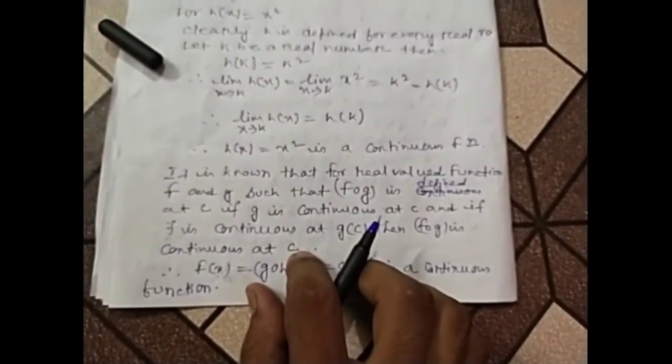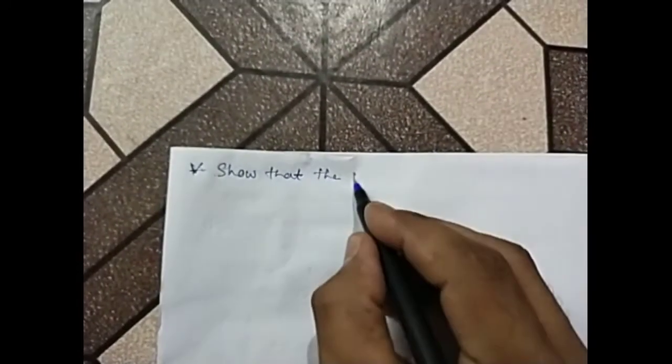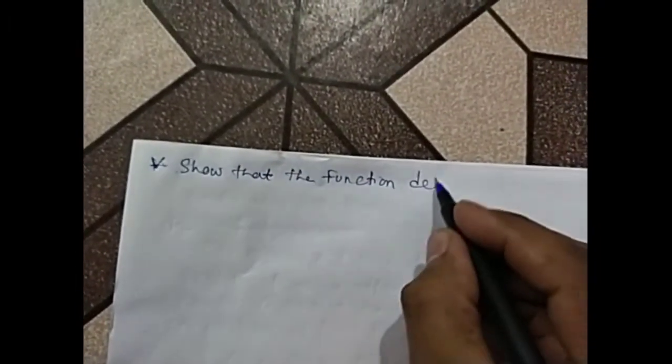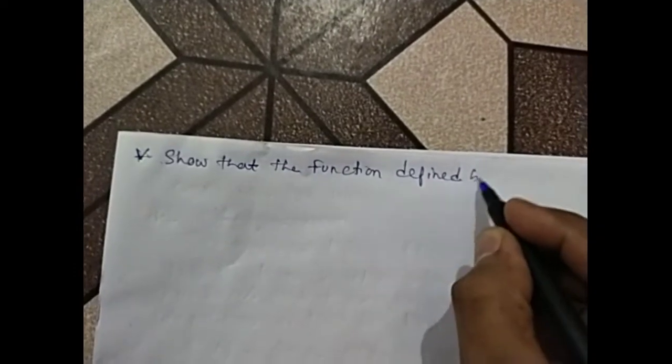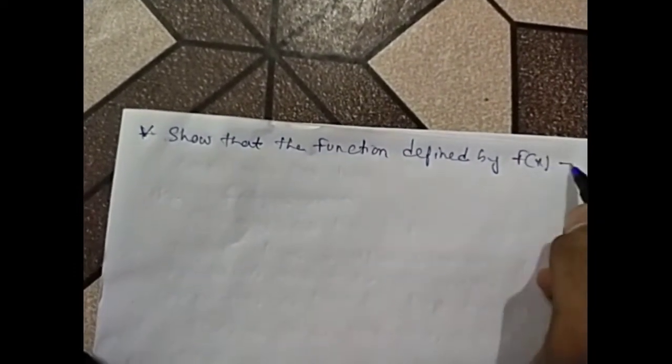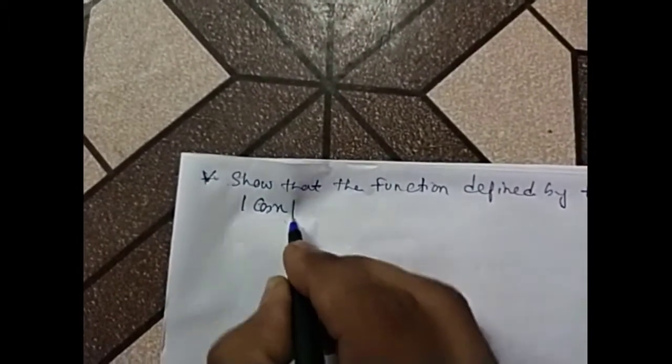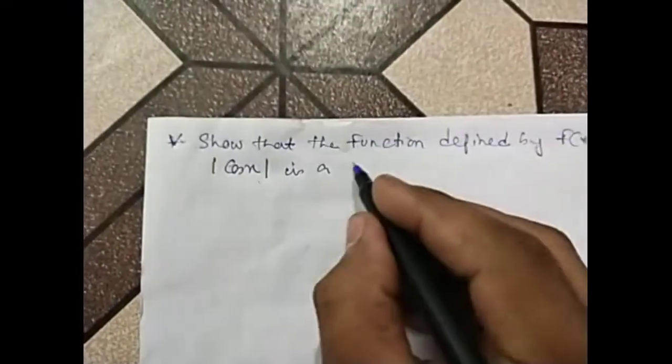Okay, next question we will proceed. Prove that the function defined by f(x) equal modulus of cos x is a continuous function.